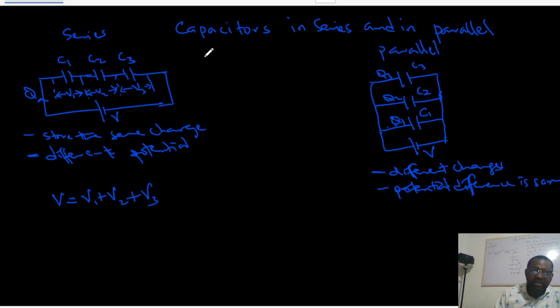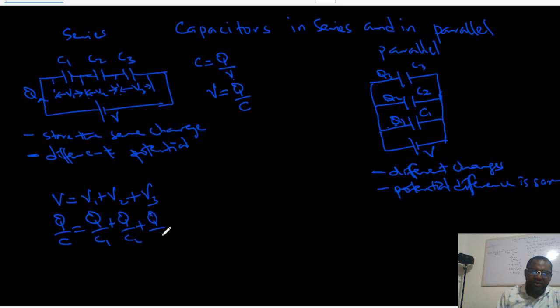Now remember that the capacitance of a capacitor is the charge divided by the voltage. That's the definition. Since we have different voltages here, I can make voltage the subject of formula. V is equal to Q over C. So V1 should be Q over C1, V2 should be Q over C2, V3 should be Q over C3.